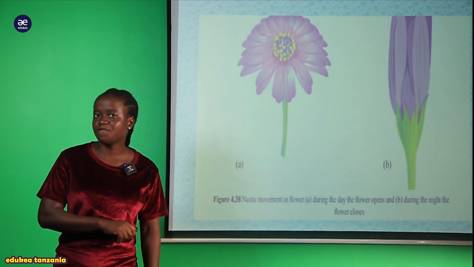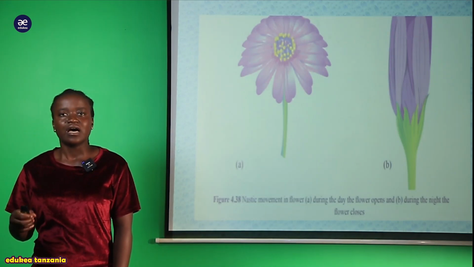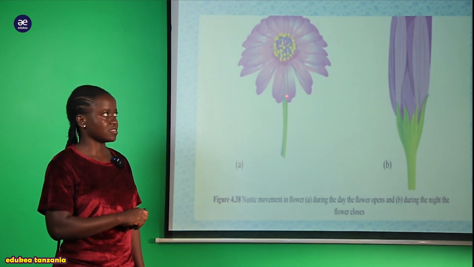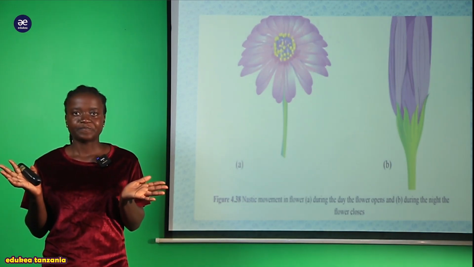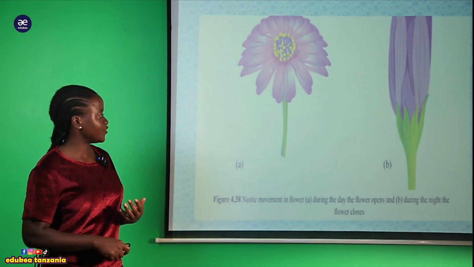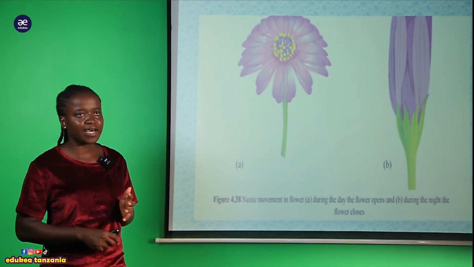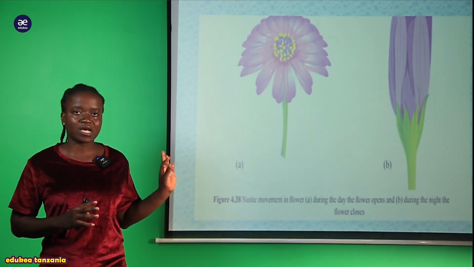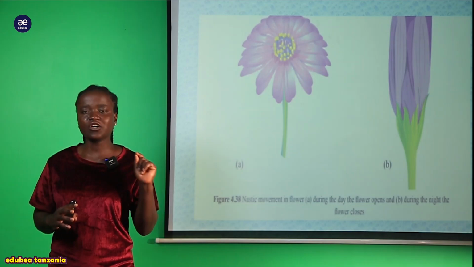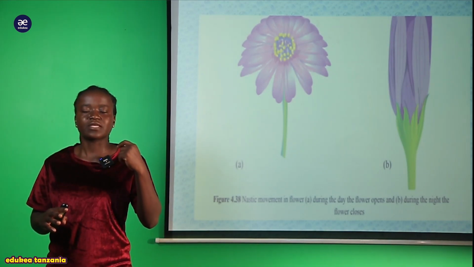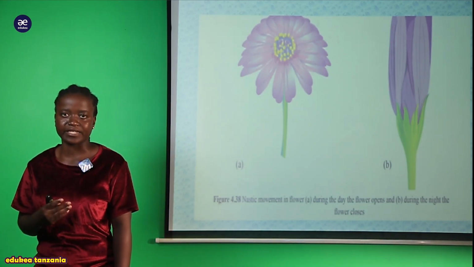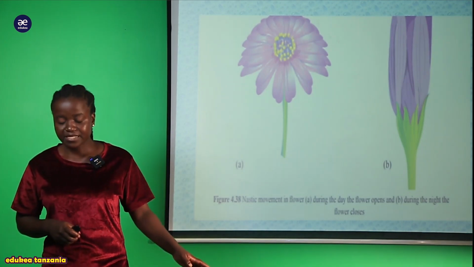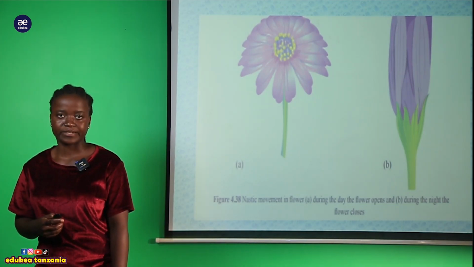So this flower responds to the light stimulus. Since during the day, you can see the flower has opened up its petals, but during the night, the flower closes its petals. Why? This kind of plant responds to the presence of light. So their stimulus is light. So that is a photonasty movement.